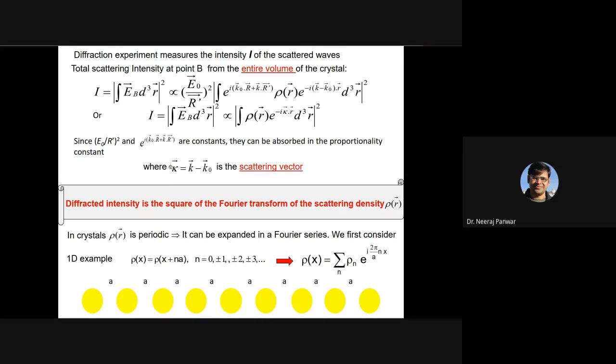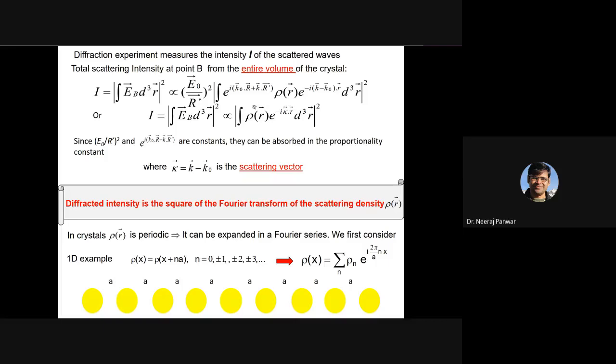Somewhere it is written as delta kappa, with the incident denoted by k and the scattered denoted by k prime. That is just a use of different notation.